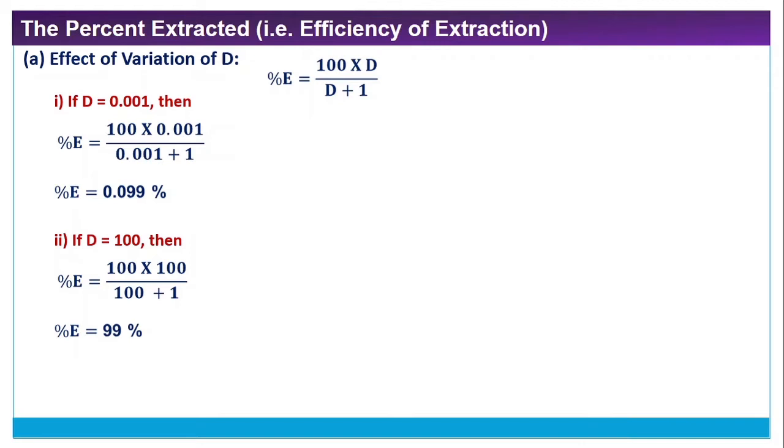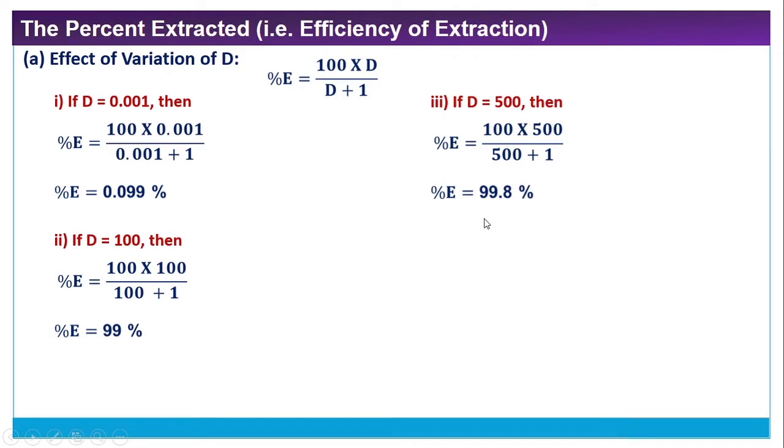So we can say that as the value of D increases, the percentage of extraction, that is the efficiency of extraction, increases. Now, if D is 500, then putting this value in the formula, we get a percentage of extraction of 99.8%.